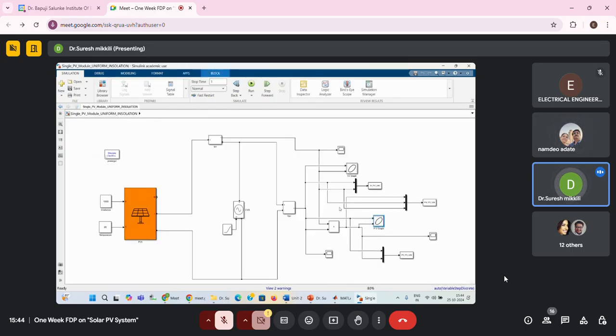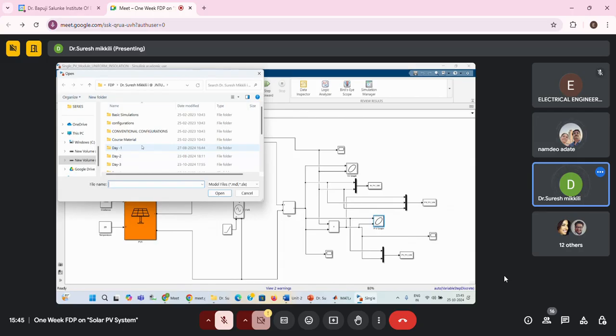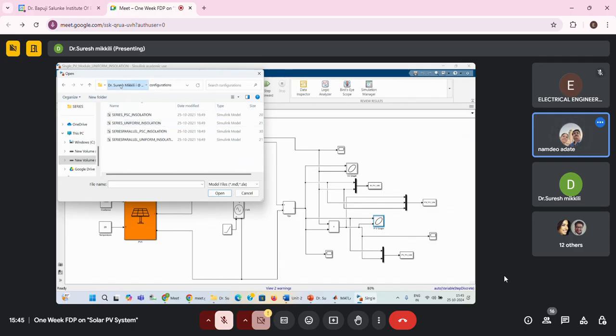So what I mean to tell you is, with the single module, next I will show you this basic simulation.